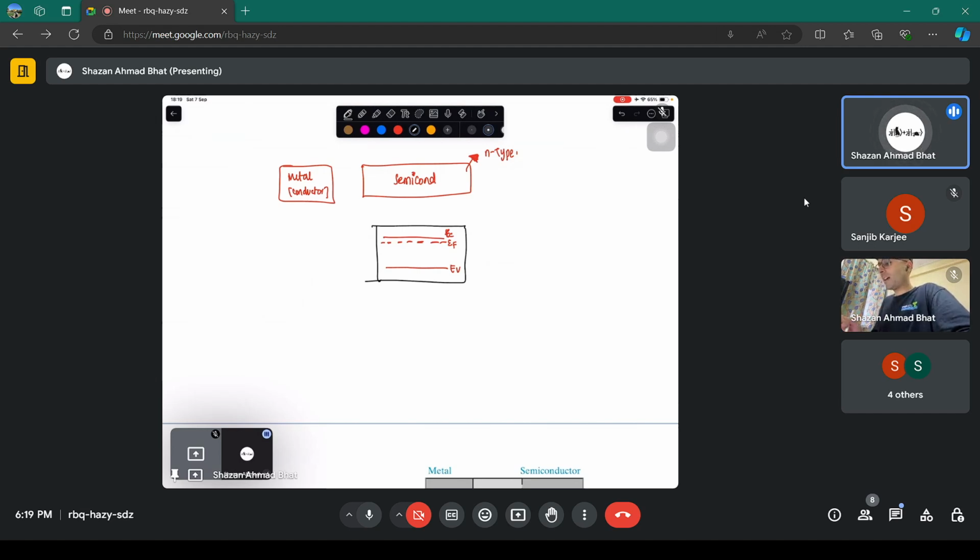Now, how do you draw the band diagram for a metallic system? You just draw a single level, which you can call the conduction band or the Fermi level of a metal. It depends on you. Some people use it as a conduction band. It doesn't really matter, but you can call it the Fermi level of a metal. Why is it the Fermi level of a metal?